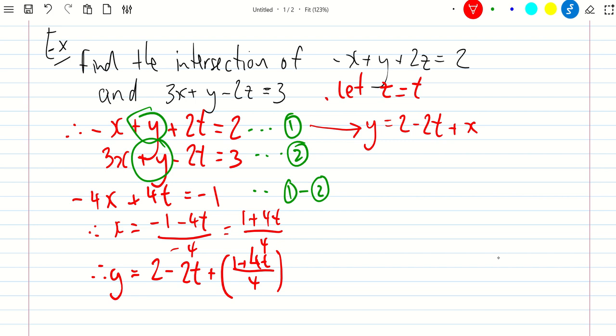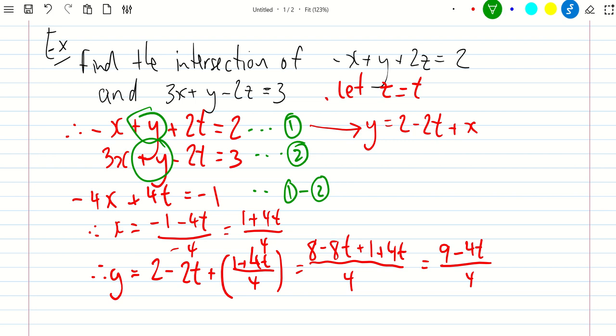So there's my y, and we just need to figure out what this is equal to. Right, let's put everything over 4, and so that'll be timesing by 4. That'll be 8 minus 8t plus 1 plus 4t. We've got 8 plus 1, we've got negative 8t plus 4t, so that's negative 4t. 9 minus 4t over 4.